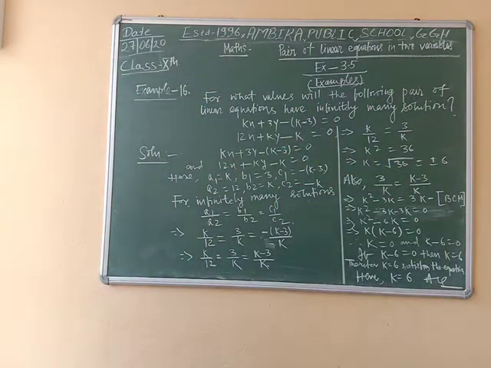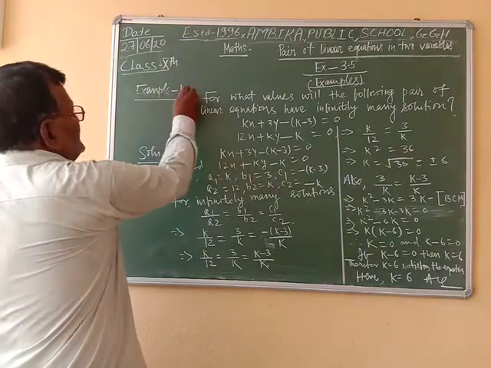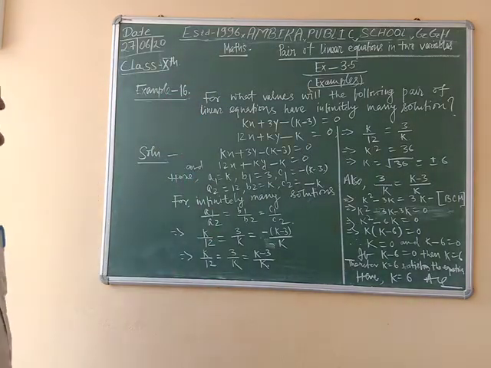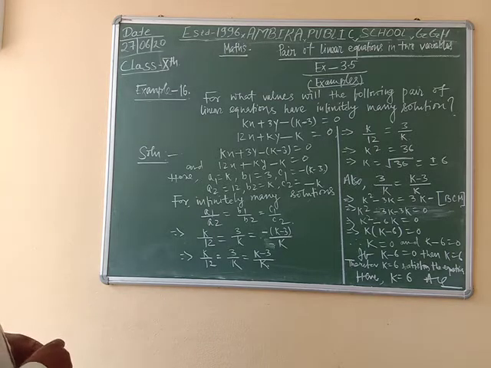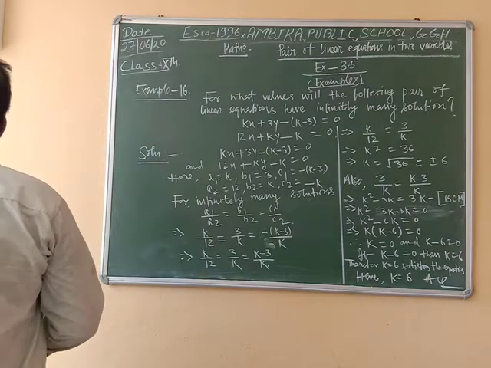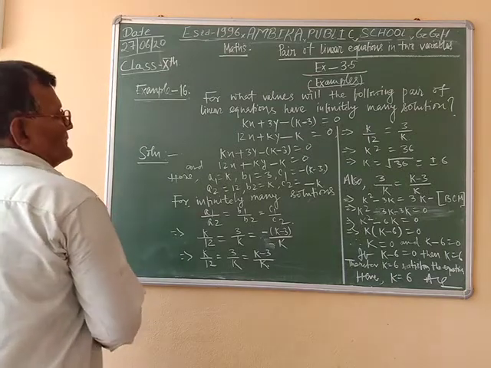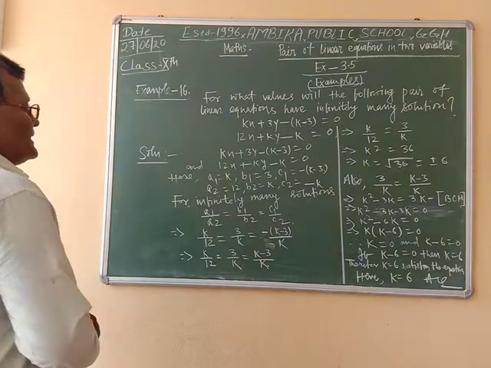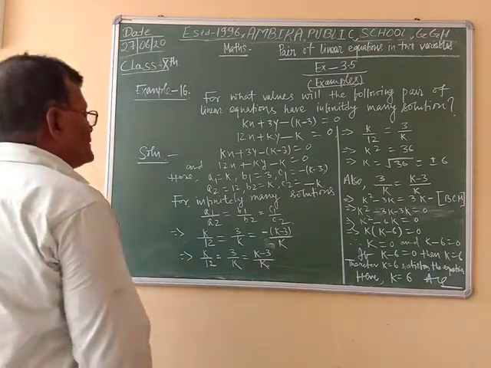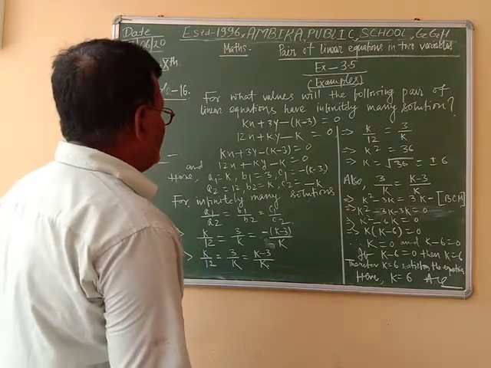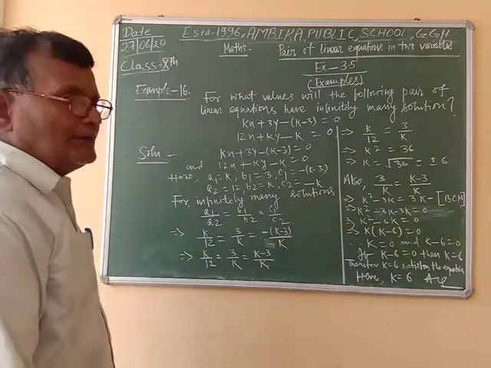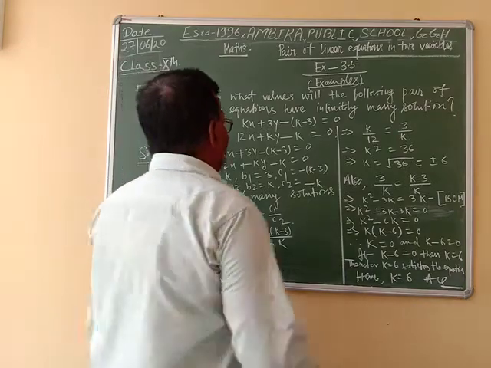I am going to explain again, to make it clear. We are asked for what values will the following pair of linear equations have infinitely many solutions. Equation is kx plus 3y minus k minus 3 is equal to 0, and another equation is 12x plus ky minus k is equal to 0.